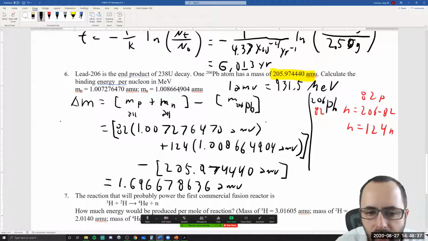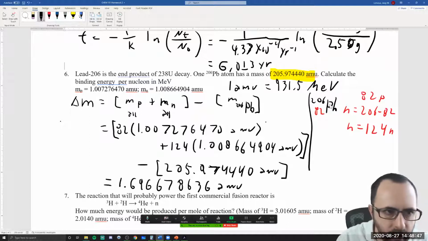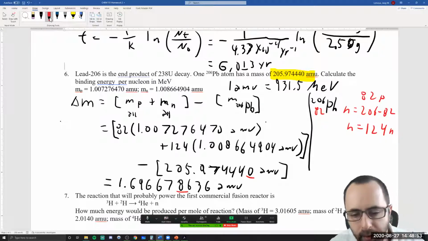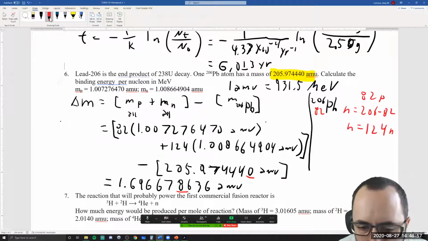Also 9 past the decimal for the neutron, but for the lead atom, it's only 6 past the decimal. So when we subtract, because this one is 6 past the decimal, we can only trust this to 6 past the decimal, where the 8 is. We should write our answer with 7 sig figs.